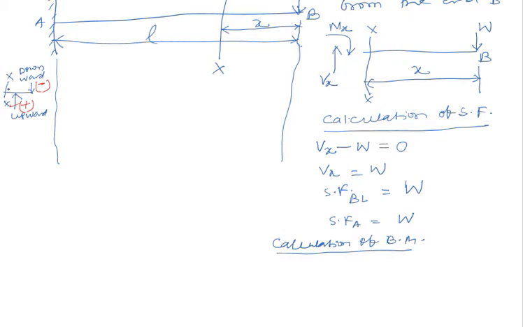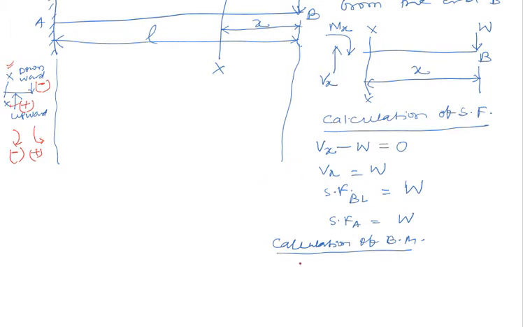Suppose this is a section XX, and we are taking the bending moment on the right hand side of the section. In clockwise direction it will be negative, and in anti-clockwise direction it will be taken as positive, correct?